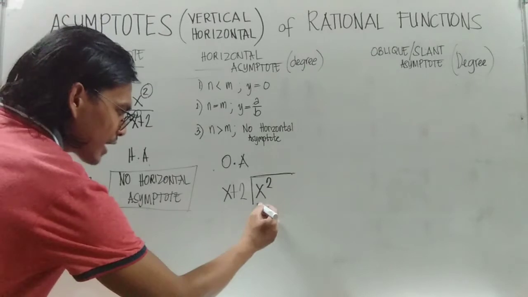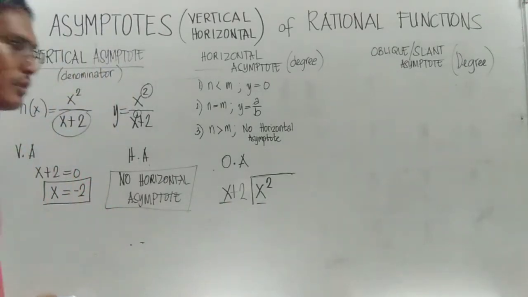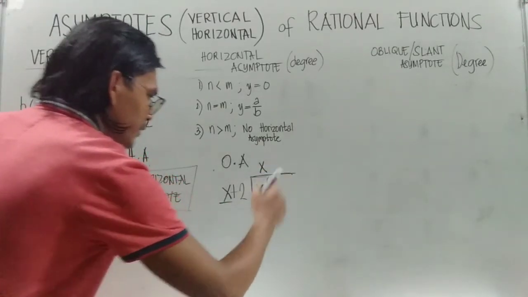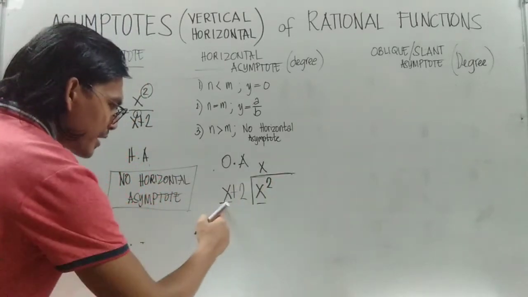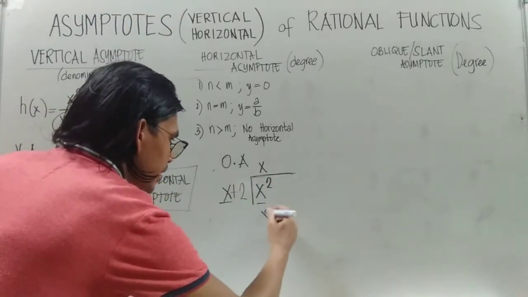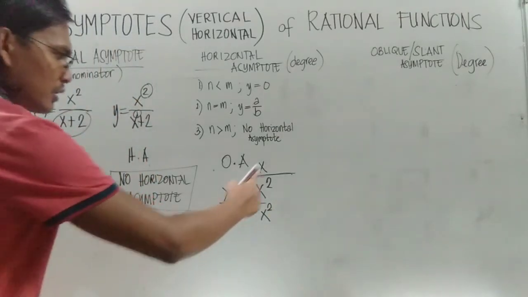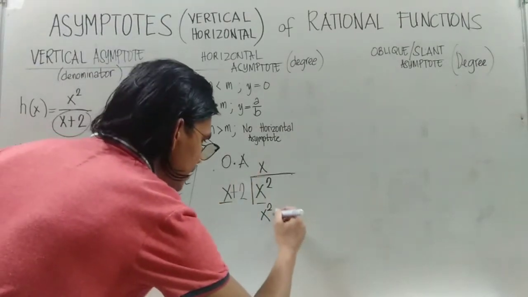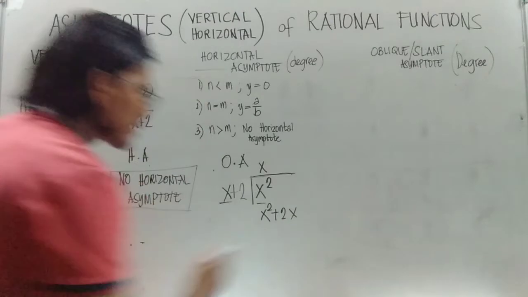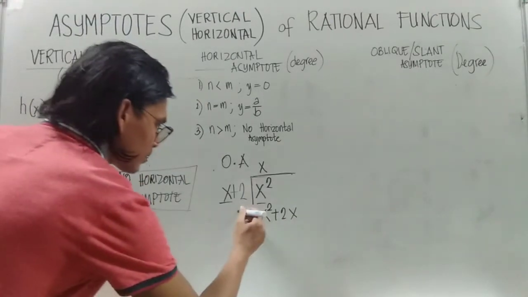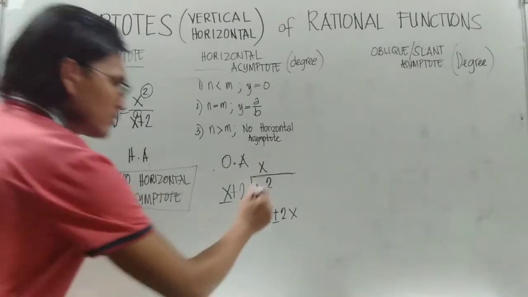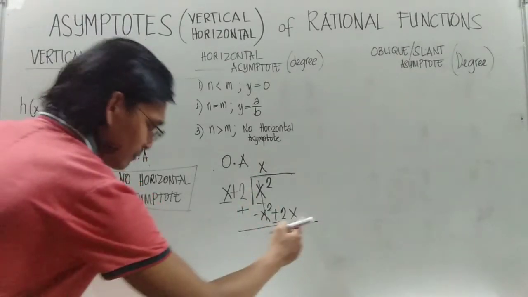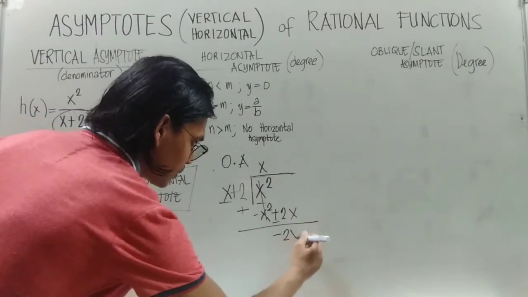So dividing x squared by x, we subtract the exponents, so we have x. Checking, x times x is x squared. x times 2 is plus 2x. Then subtract: change the sign, proceed to addition, cancel, and we have negative 2x.